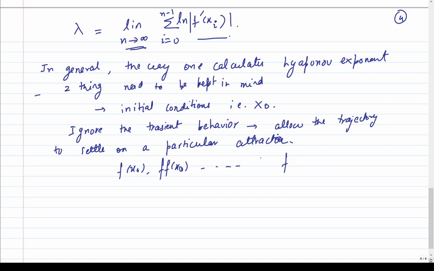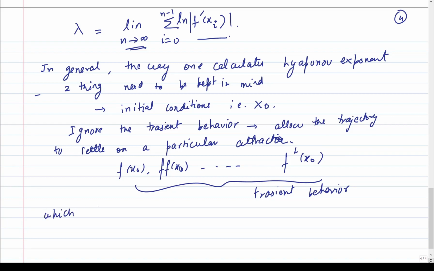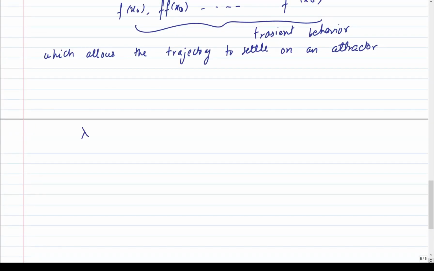Well, this would be f of x0, so f to the L of x0. So we ignore the transient behavior, which allows the trajectory to settle on an attractor, and then perform the calculation. So when that happens, I get the lambda.